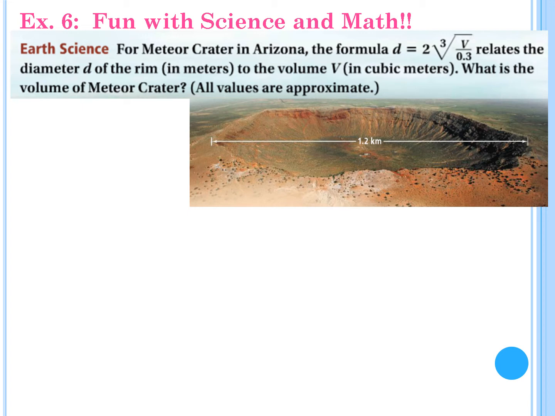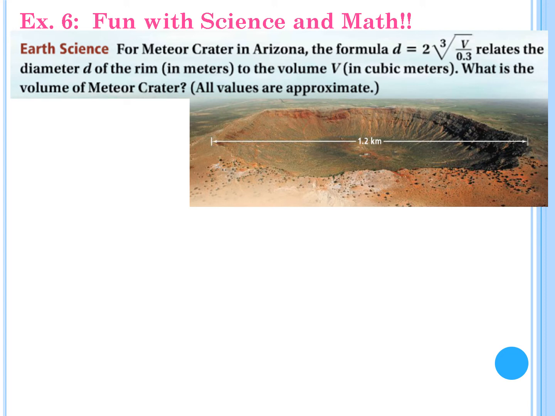All right, so let's look at Earth science. It says for meteor crater in Arizona, the formula D equals 2 times the cube root of V divided by 0.3 relates the diameter of the rim in meters to the volume in cubic meters. What is the volume of meteor crater?